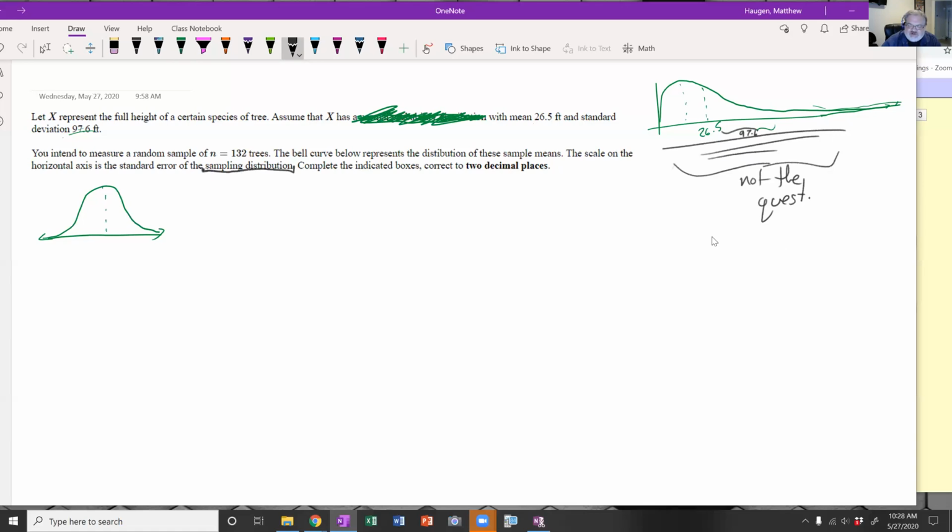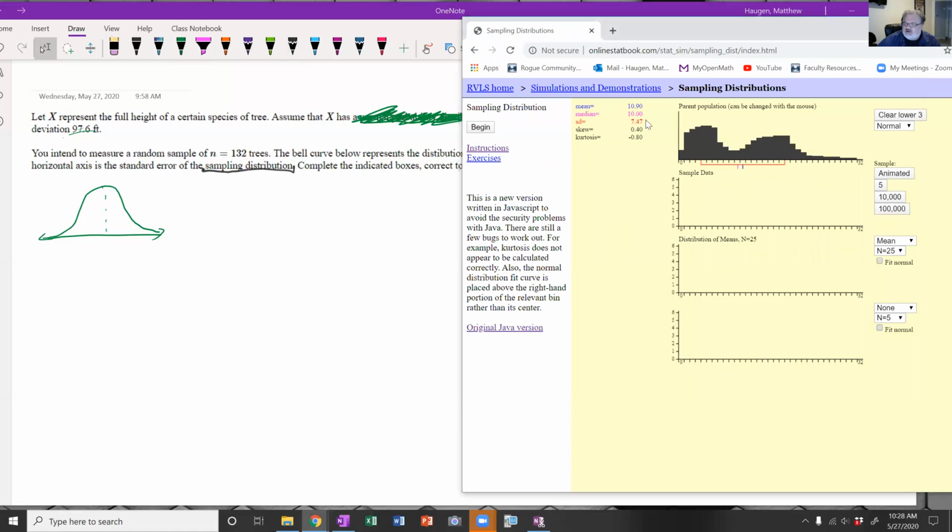So I want to make sure it's really clear what a sampling distribution is. I brought a tool here today. So let's say we build this distribution a lot like the tree distribution. There are a lot of small trees out there and very few big giant trees.